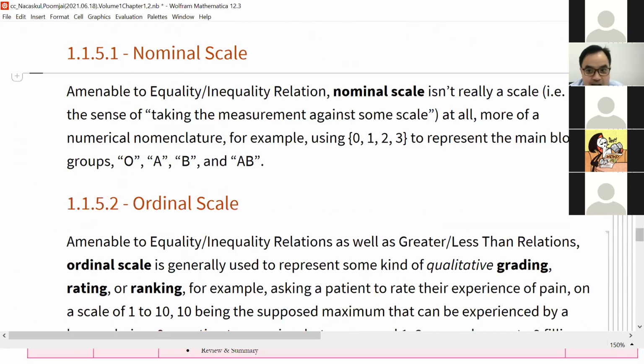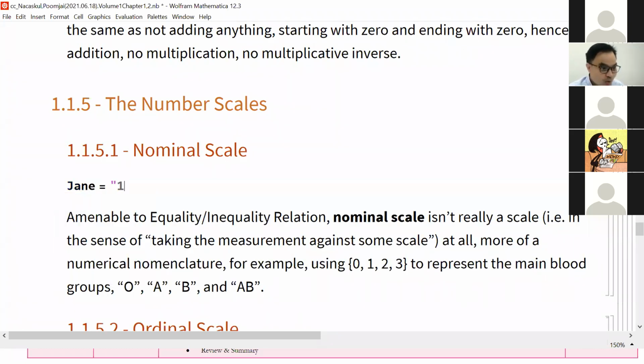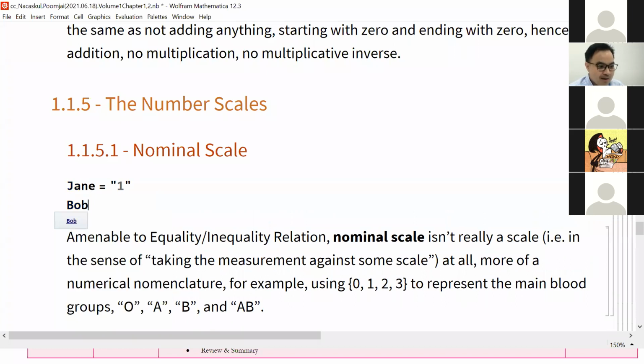Okay? So the reason I say you have to be mindful is that once you assign Jane to 1 and Bob to 2, the computer is going to treat it as a quantity that you can do all kinds of mathematics on. It's not going to tell you that, by the way, 1 and 2 don't mean anything. It's just an ID, okay? Now, technically, you can get around this by saying Jane equal to 1 and Bob is equal to sine of 2.